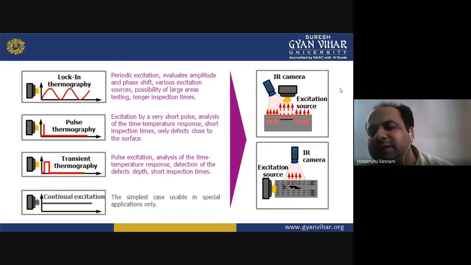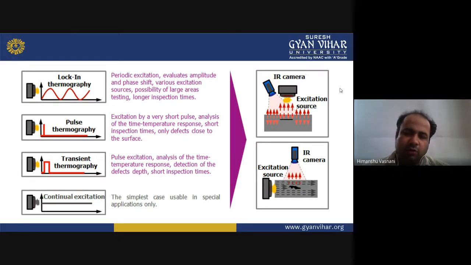On the right hand side, you can see the diagram which is showing that you have an excitation source and then you have an infrared camera available with you. So you can see it is capturing the thermal images of the surface. And you can see there the placement of the infrared camera and the excitation source in the two diagrams, the diagram above and the one below.